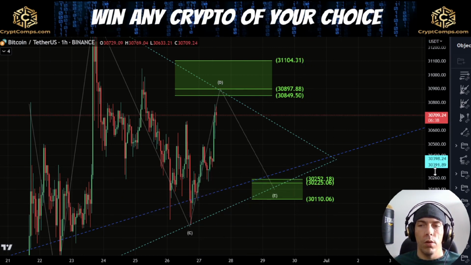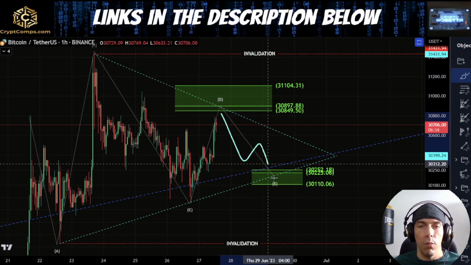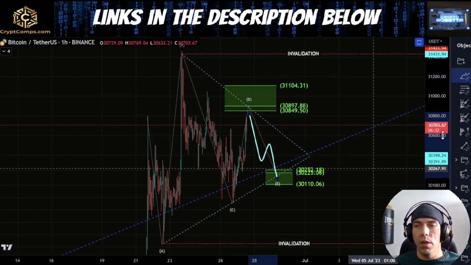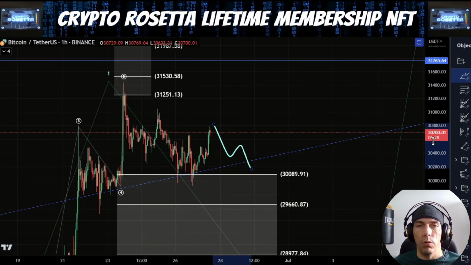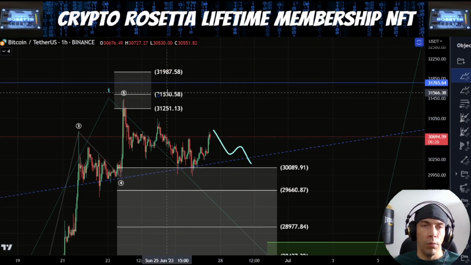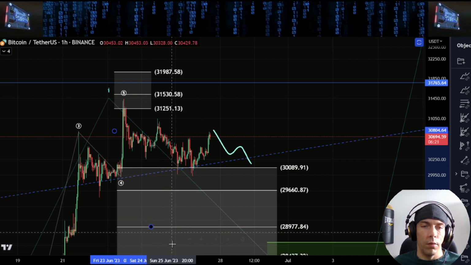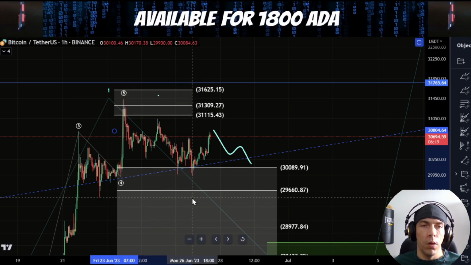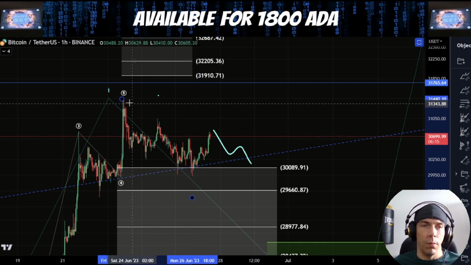So what I want to see here is that if we do see this break down in this way in a 3-wave move, potentially this could actually still mean that we have that 5th wave target within this count, where instead of looking at this 5th wave already being completed up here towards the zone of this 31,530 level, we could actually see price come back up here and look to test some of these higher zones.